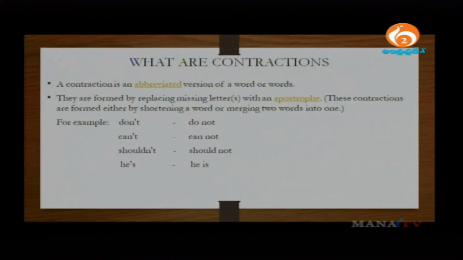And we have a few examples I already have mentioned here. If you can see, we have don't as do not, can't as cannot, and shouldn't as should not, and then we have he's as he is. So now I'll take you through more examples. Everybody wants to have some examples. So today I'll tell you a few examples. Let us have some examples. Right?